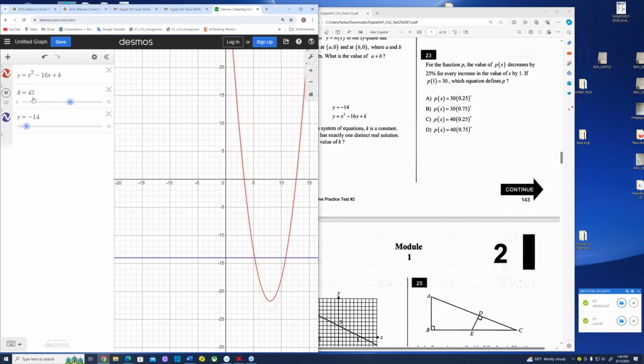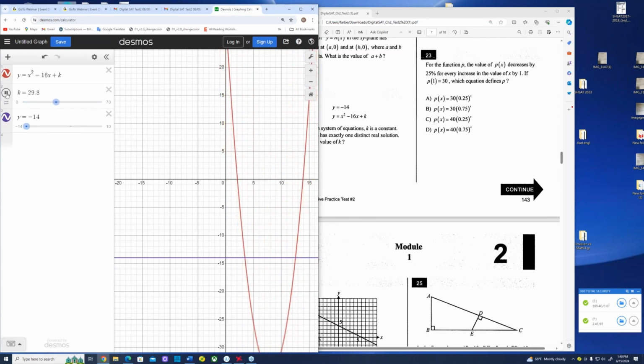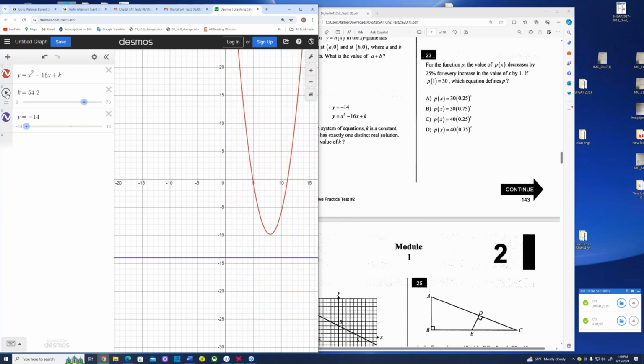Obviously, you have to stop when you have one common point. I do it manually. They have one common point when K equals 50.